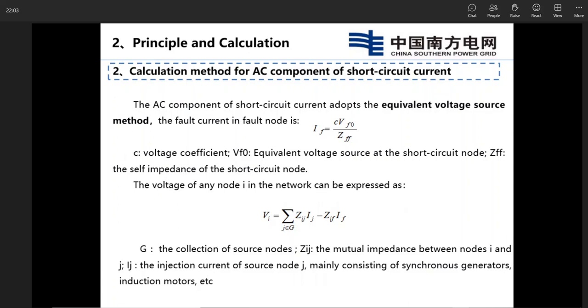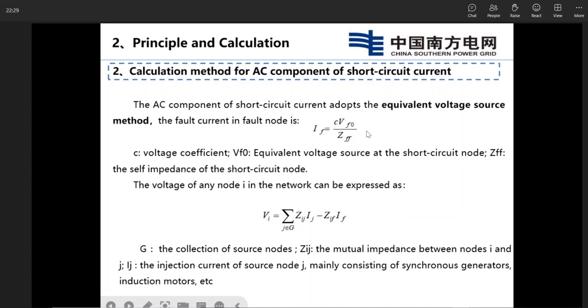How to calculate the AC current? The AC component of short circuit current adopts the method named equivalent voltage source. For the fault current, use this equation to calculate. In this equation, C means the voltage coefficient.